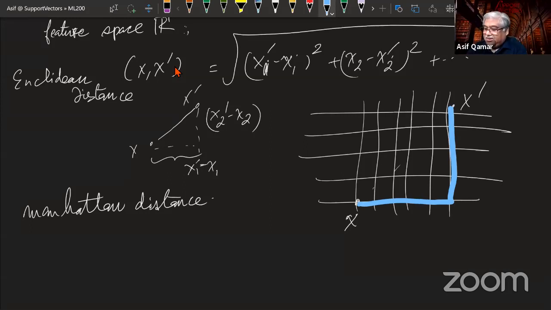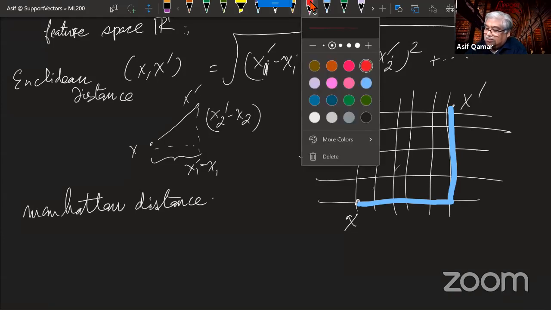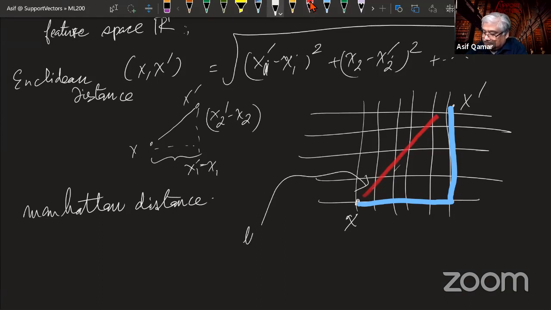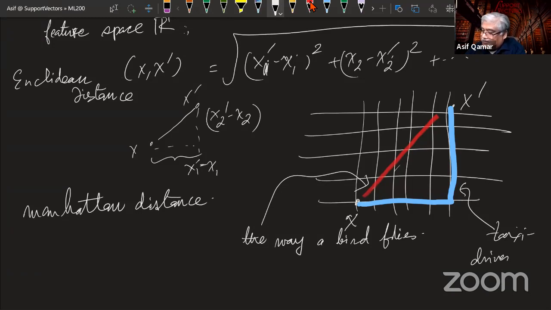Whereas the way a bird flies would be like this. So let me write this down. This is how the bird flies, and this one would be the taxi driver's path. Now, interestingly, what is the taxi driver's path?